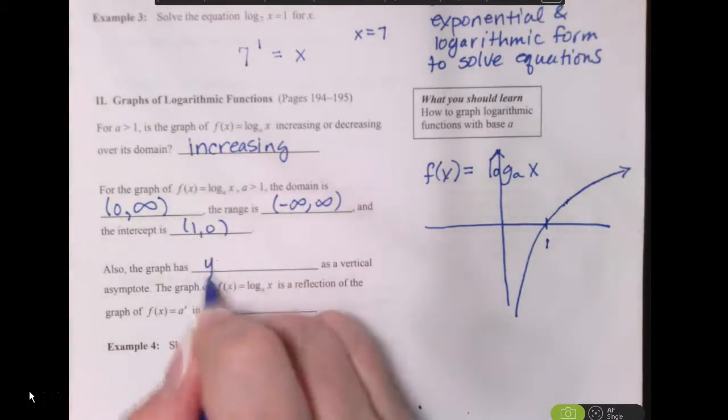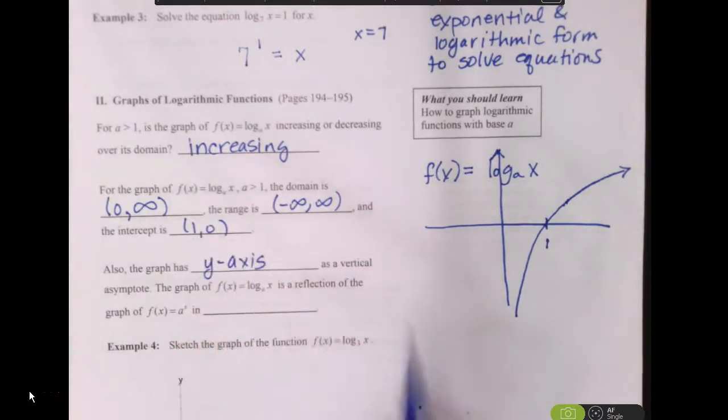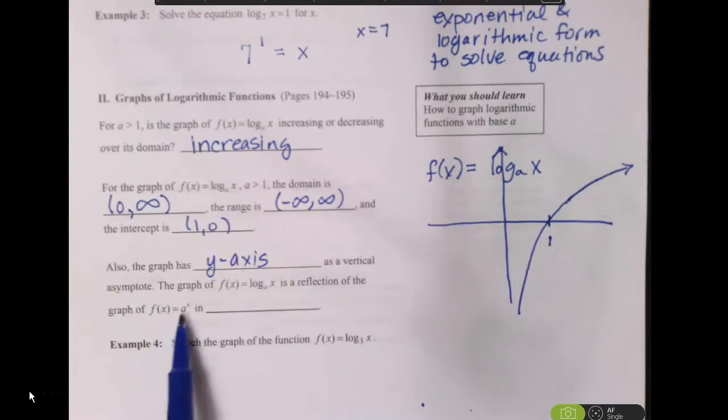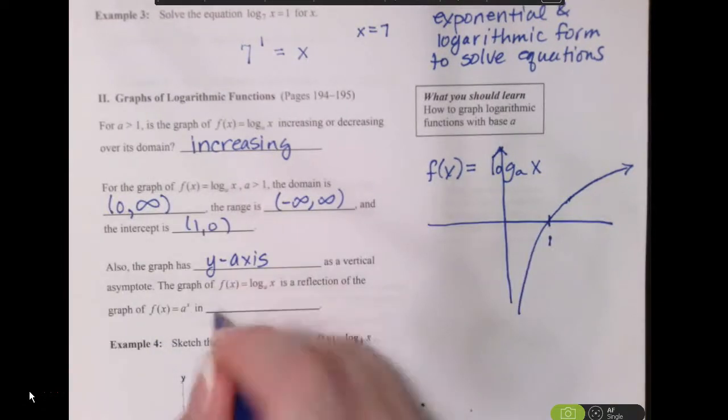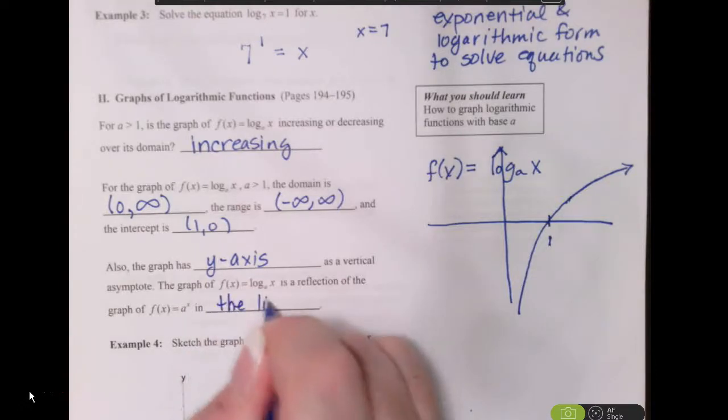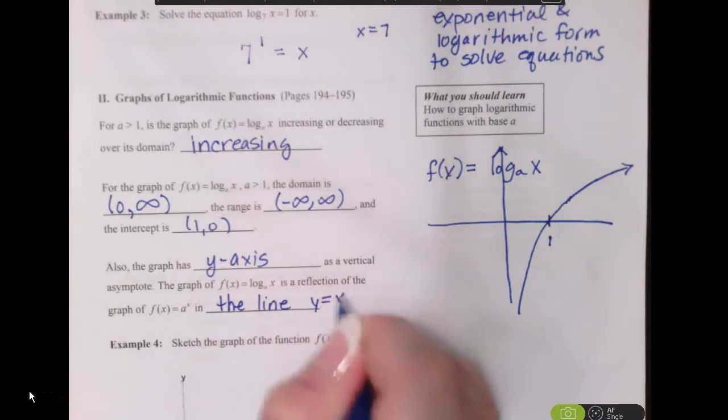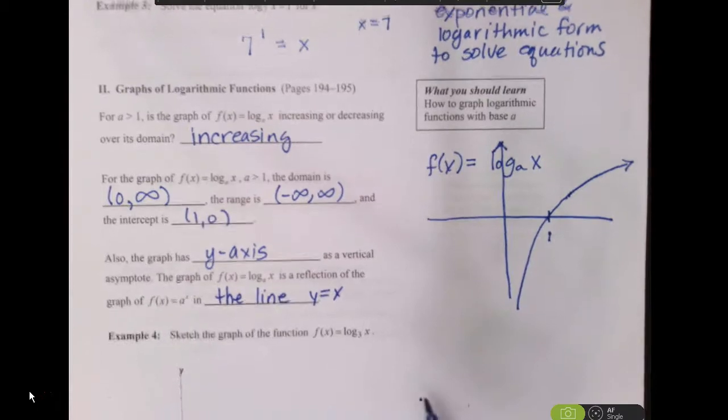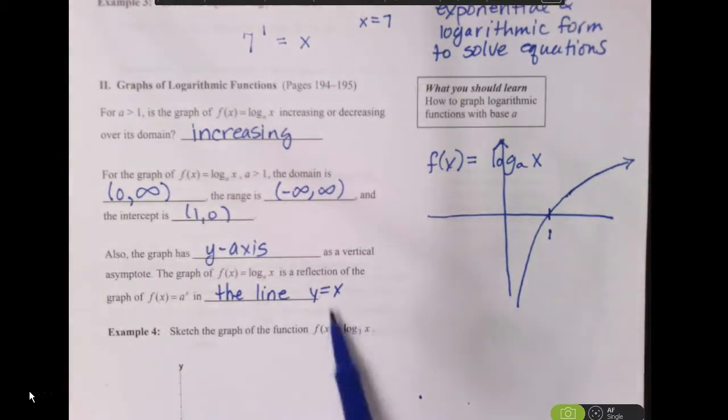Also, the graph has the y-axis as a vertical asymptote. It's a reflection of the graph of f of x equals a to the x in the line y equals x. And if you recall our discussion about inverses, all inverses are a reflection over this line.